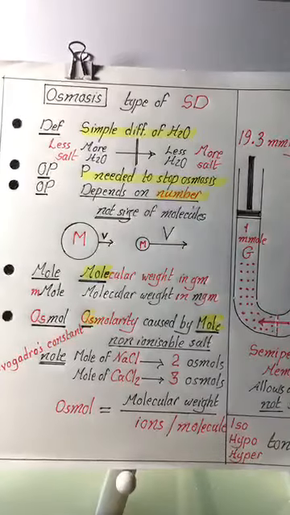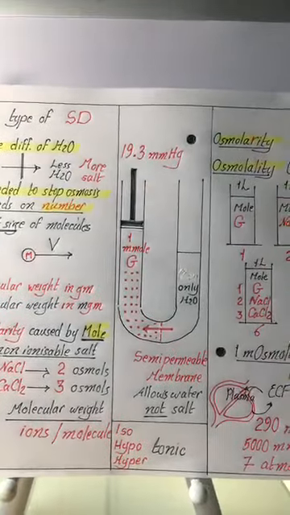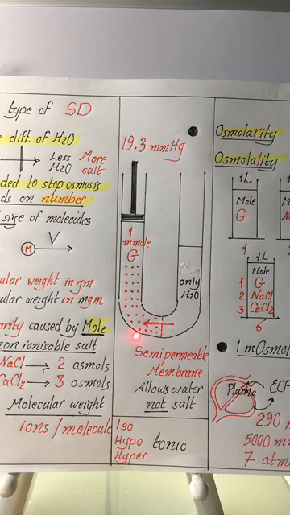Let's start with osmosis. I like to be organized as usual. I have 7 points to discuss in osmosis. Number 1. Before I start the definition, look at this U-shaped tube.